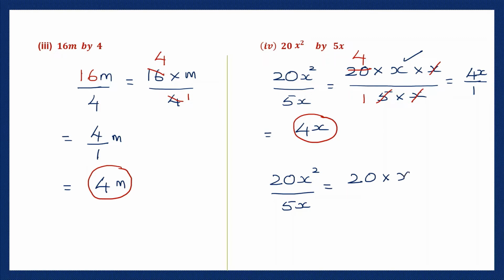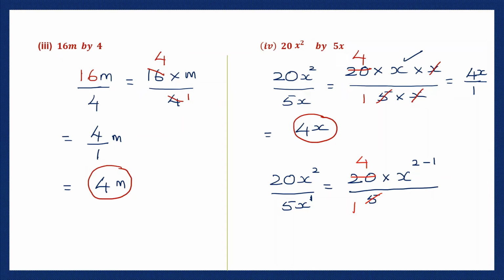So when I write x here, I can say 2 minus, I have 1x down, isn't it? So the x alone, I can say 2 minus 1. So in my denominator, I have only 5 left. So now I can cancel 5 and 20. 5 ones are 5, 5 fours are 20.